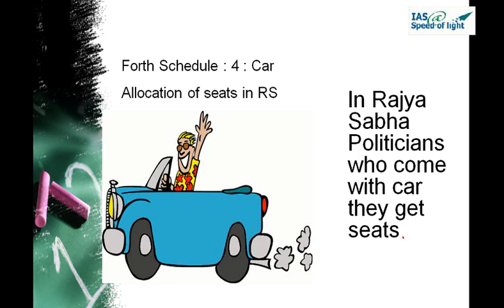So car, we are linking with fourth schedule, and fourth schedule is allocation of seats in Rajya Sabha. And this question, if you see last year papers, has been asked some 3 to 4 times: what does the fourth schedule mean, or which schedule deals with the allocation of seats in Rajya Sabha from states and union territories. So fourth schedule we are linking with the allocation of seats of Rajya Sabha.